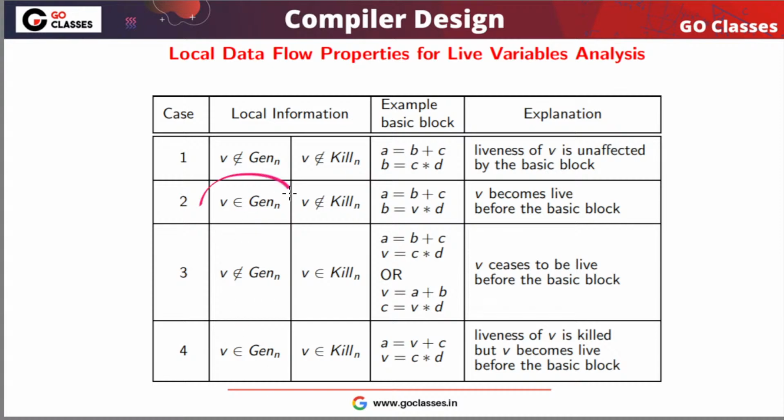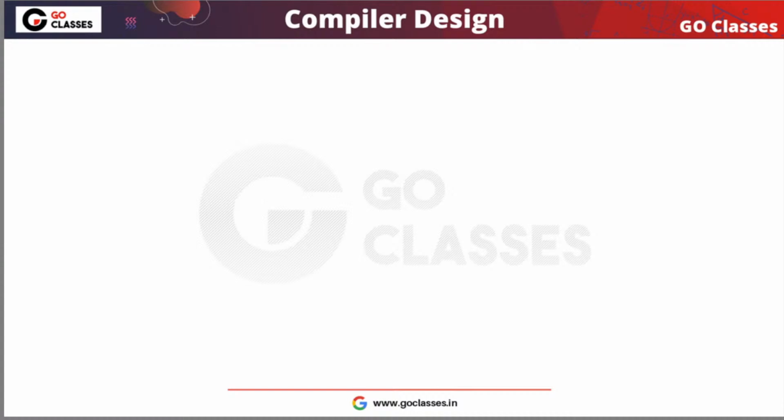Now similarly, here V is used but it is not defined. Then what does it mean? It means before the basic block, this V will be live. Yes or no? For example, take the first statement.